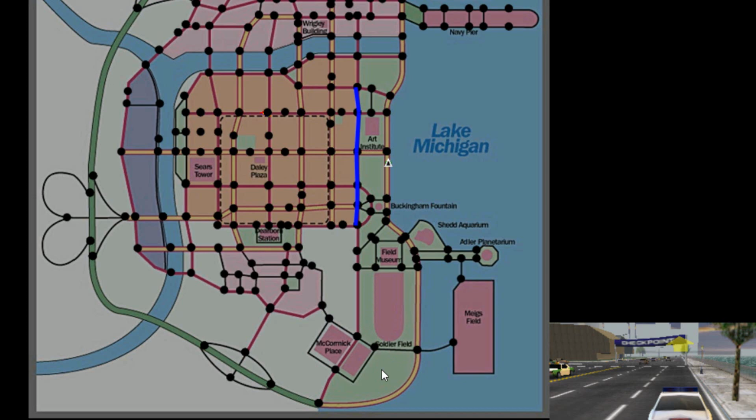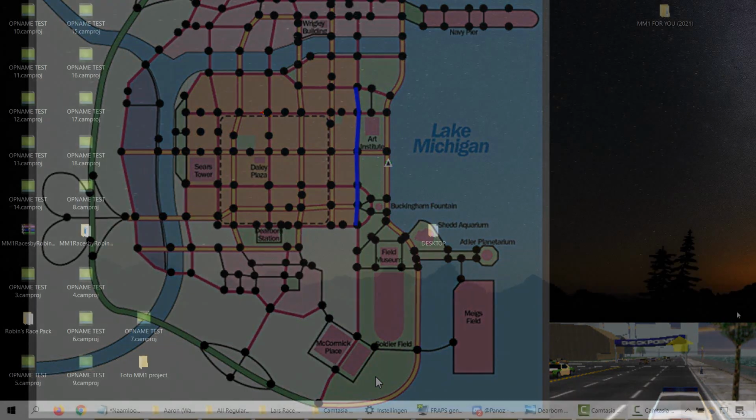However, this is not a problem, because for the last waypoint in this case, because this is not an intersection, the opponents will drive directly to their last coordinate. So you go from north to south, and this will be your last coordinate, and they will drive directly, hopefully without hitting any trees, directly over here, and it doesn't matter if they skip any waypoints. So that can be very interesting to play around with.